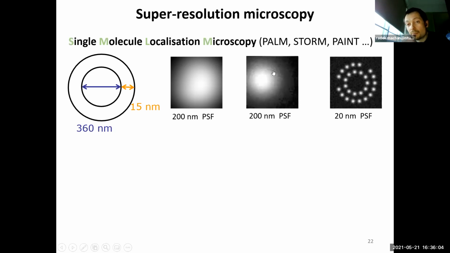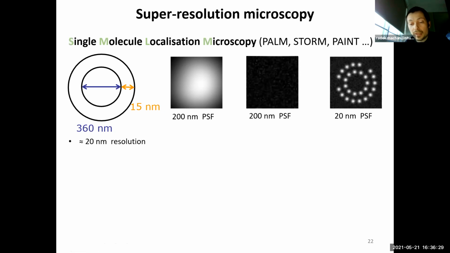Then I take many such images, and from each of the images I take the position of the fluorophore that was on at that time, and then I can reconstruct an image which looks like this.